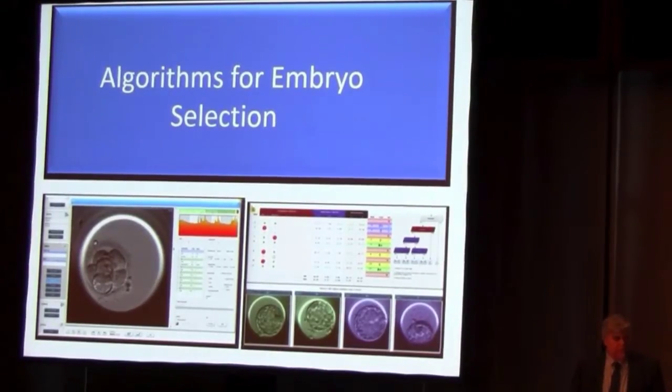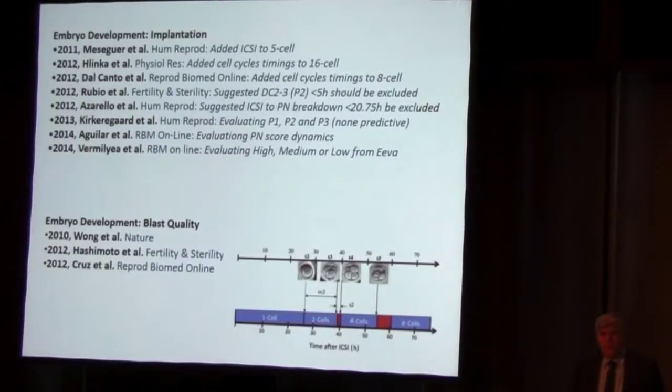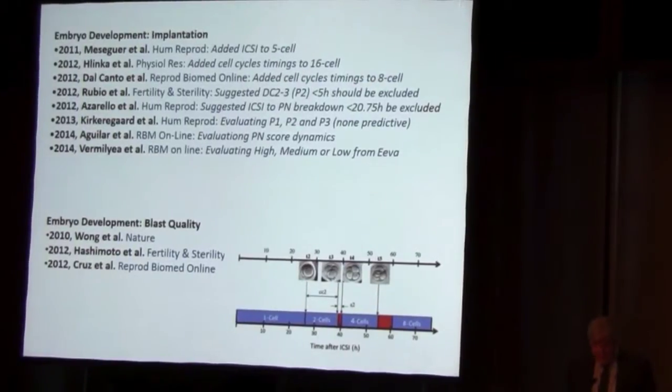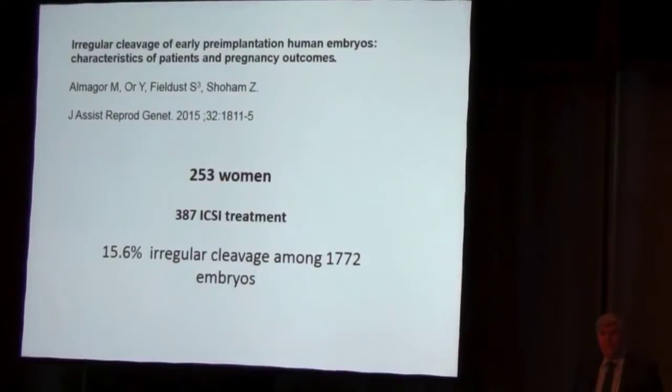And I would like to show you something which is a little bit different. There are lots of papers published in the literature about how to select embryos after 3 days and after 5 days, but we developed a different system. I want to show you 2 papers which we published.